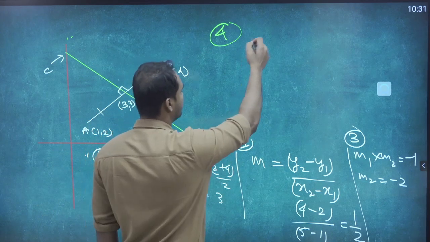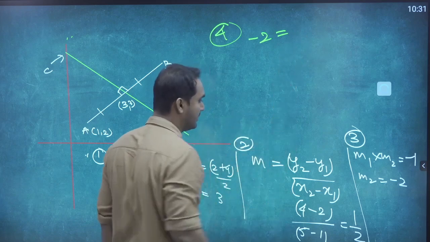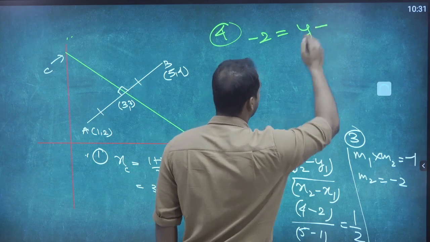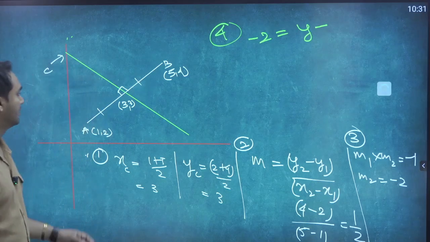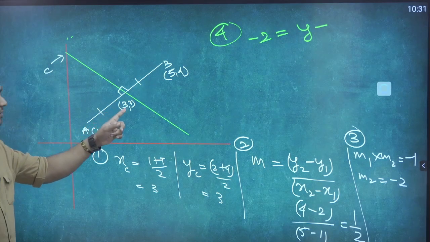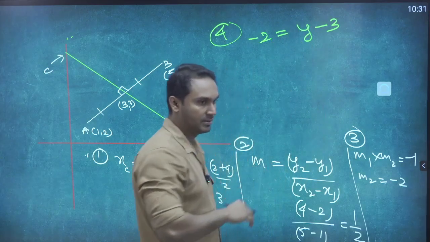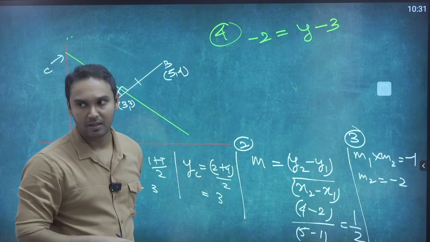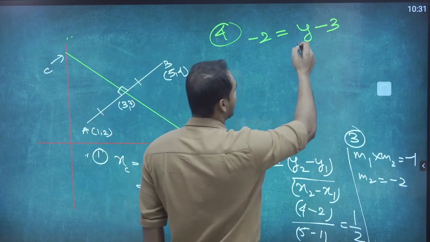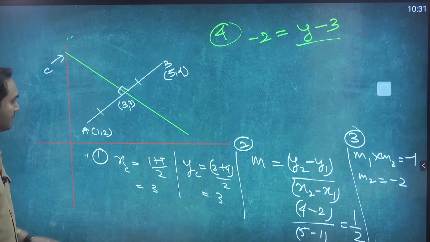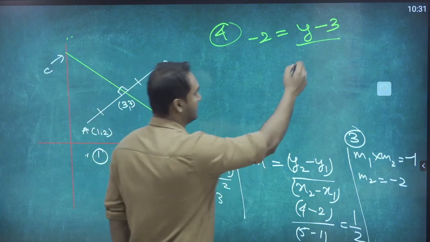Minus 2 equals, you take one y value and deduct the other y value. What is the y value we got? 3. You keep this y as it is because we need the formula to have a y. Divided by, take the other x value, x minus 3.